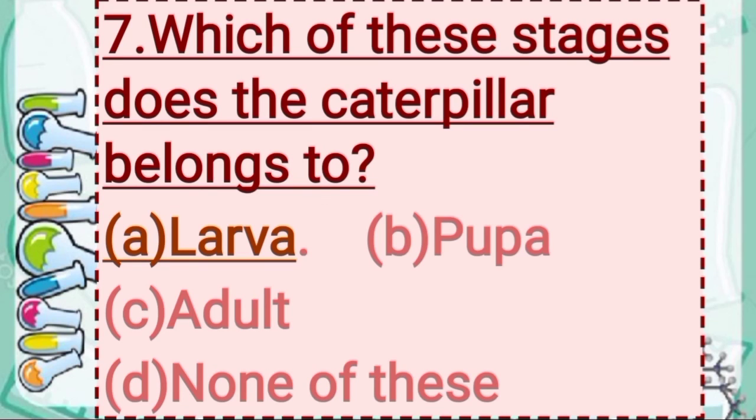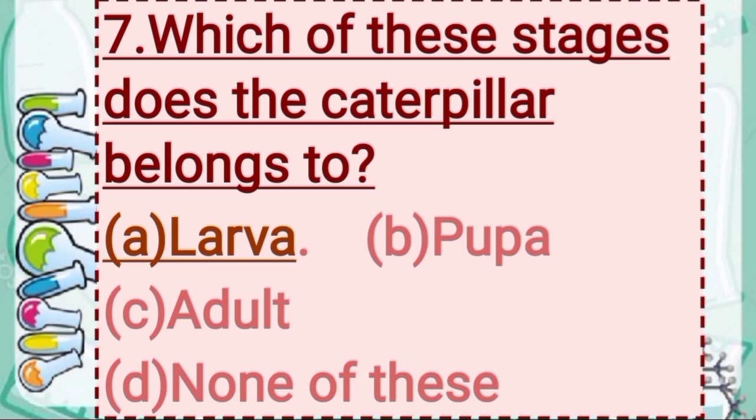Now next, which of these stages does the caterpillar belong to?